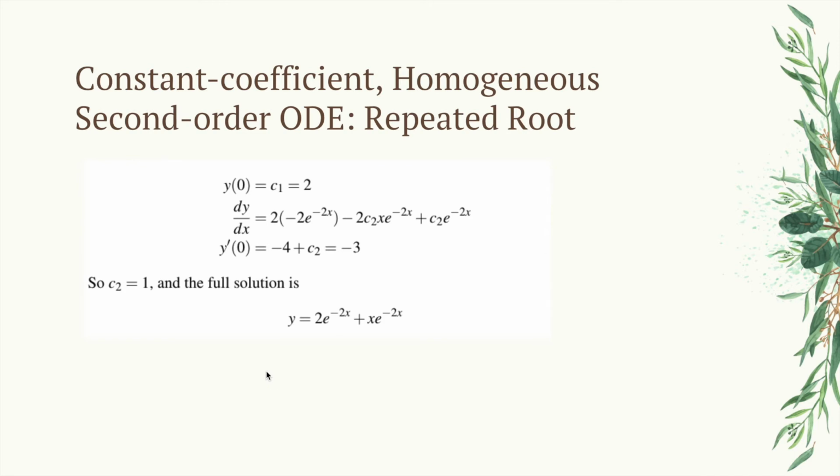If we match the initial condition below that, c1 has to be 2, and therefore after some algebra we also get c2 equal to 1. The full solution is then given by y equal to 2e to negative 2x plus x e to negative 2x.